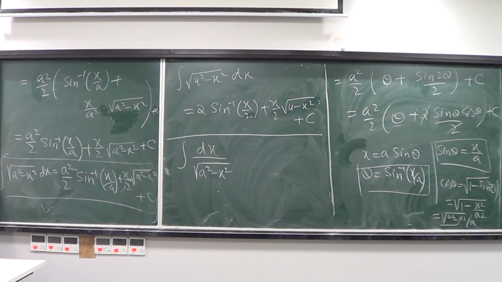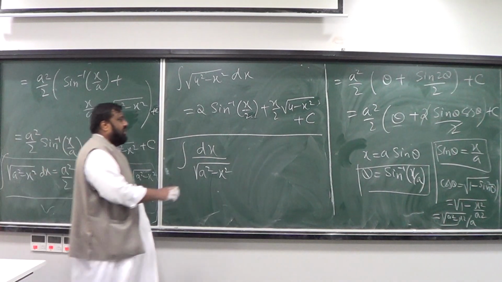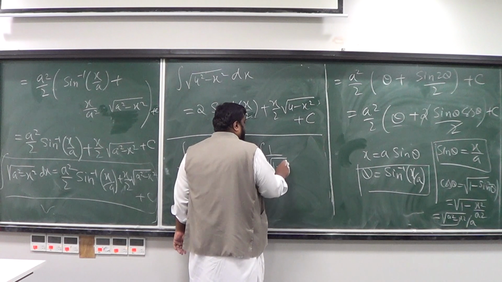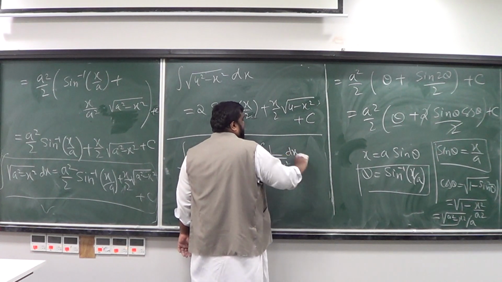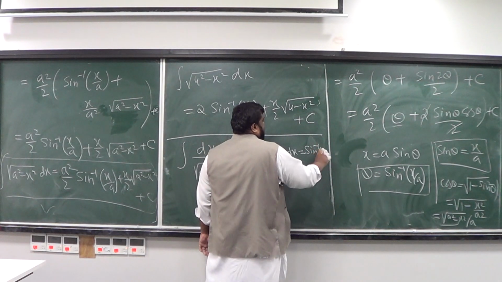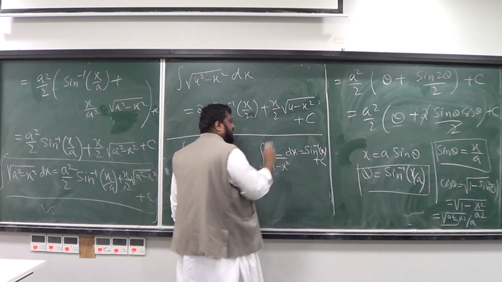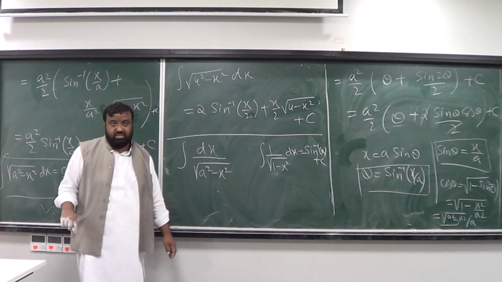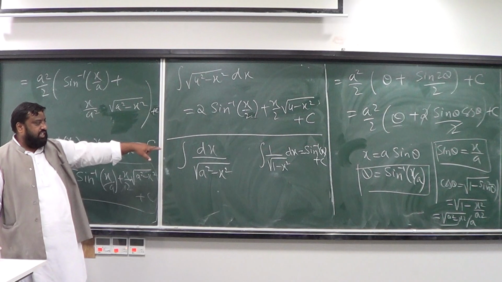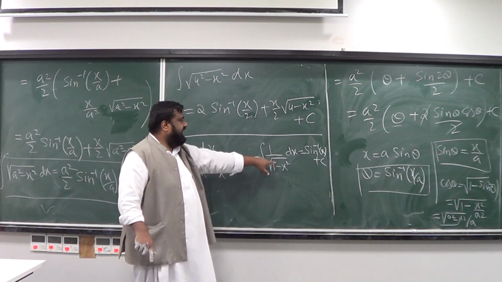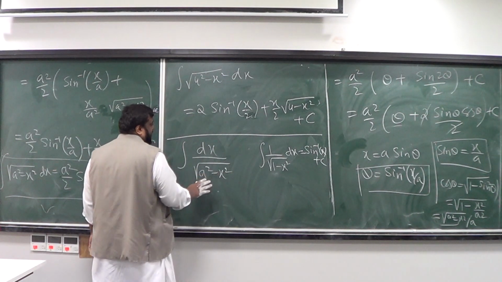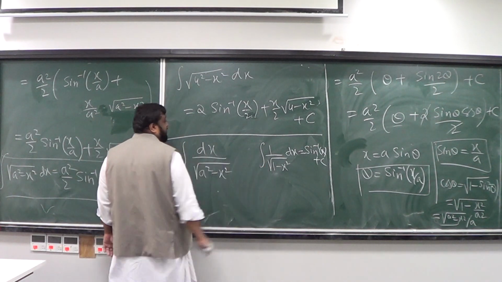One way is that we already know one formula, that the integral of dx over the square root of 1 minus x square is sine inverse x plus constant c, because the derivative of sine inverse x is this. So you can convert this into such a form and then apply the formula.